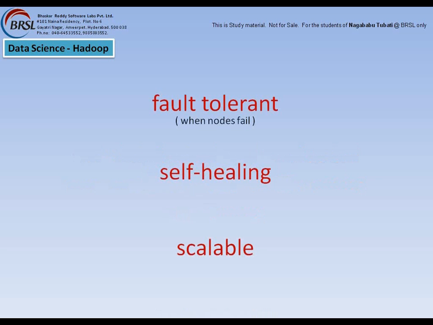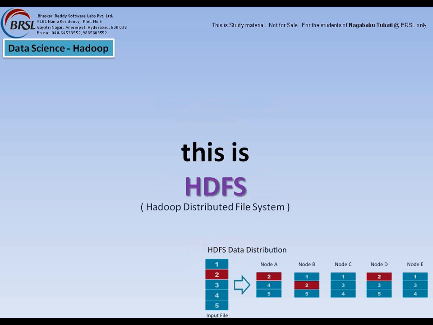That means if any node fails, it will recover from the faulty node, and it rebalances the files across the cluster, and adding the new nodes when file sizes are increasing. This is HDFS, Hadoop Distributed File System. You can see here the input file is dividing into multiple parts, and every node, every small inexpensive computer is trying to process different parts of the file.